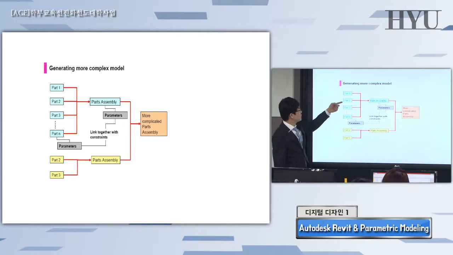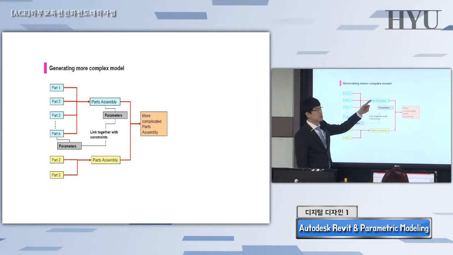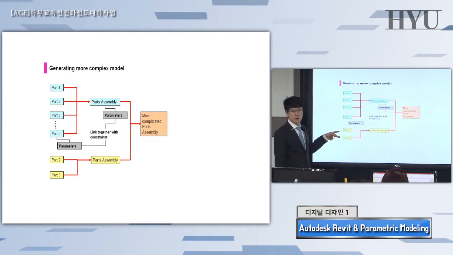We have part 1, 2, 3, and part n. Here, n can be 100, 200, even 1,000, okay? 1,000 parts can be one assembly. And we can put in some more parameters, width, height, and so on. So some different types of parts, okay? Connections, horizontal bars, and joints, and so on.